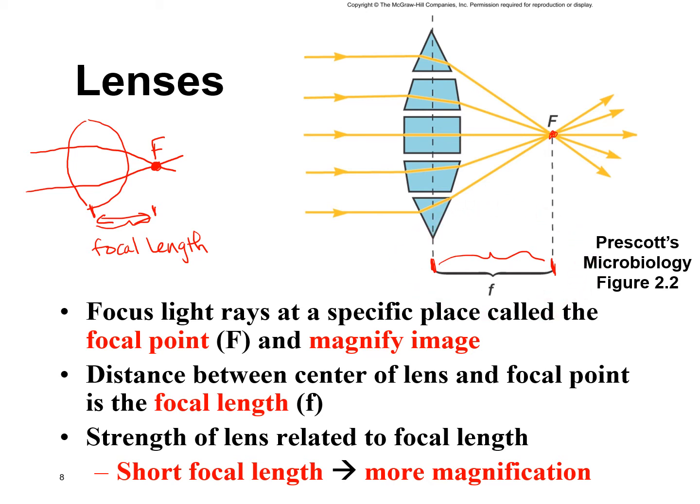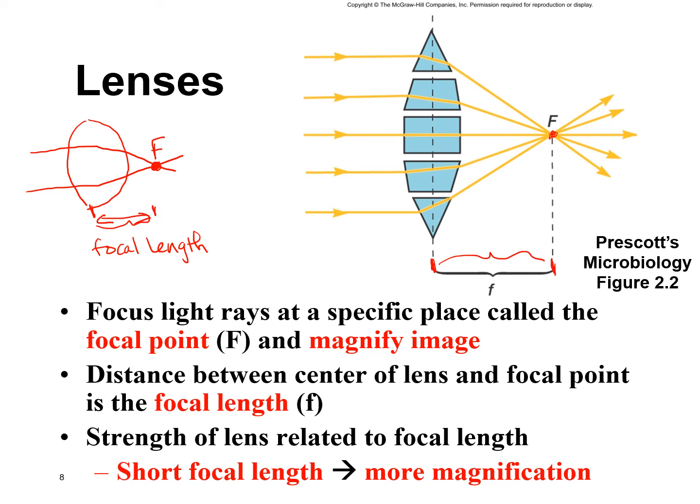And unfortunately, we're not in the lab because everything's online right now. But if you were in the lab and you were to feel those objective lenses that you can switch, like the 10x and 40x and 100x, you would notice that the 100x objective lens is a lot more curved than the 10x lens.